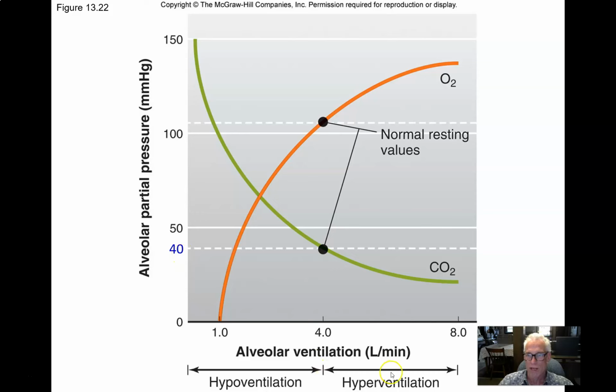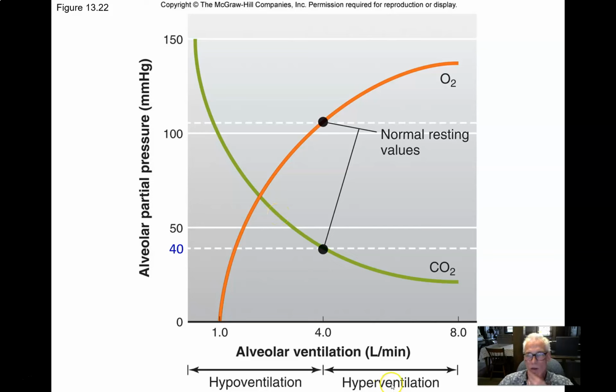If we are ventilating in such a way that the CO2 is going down, below this 40, that's called hyperventilation. If we're ventilating more slowly than normal, and the CO2 level starts to rise above 40 millimeters of mercury, that's called hypoventilation.